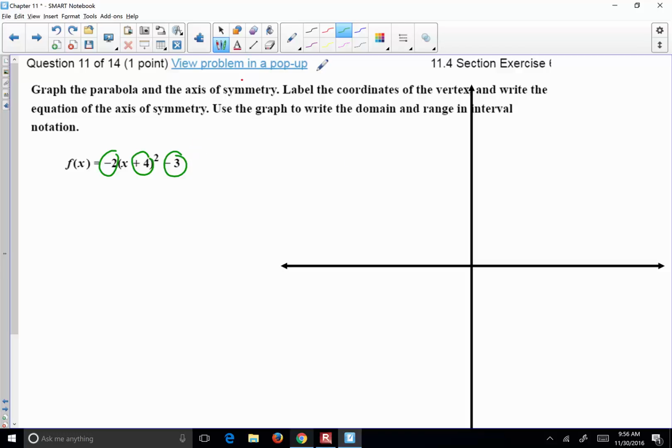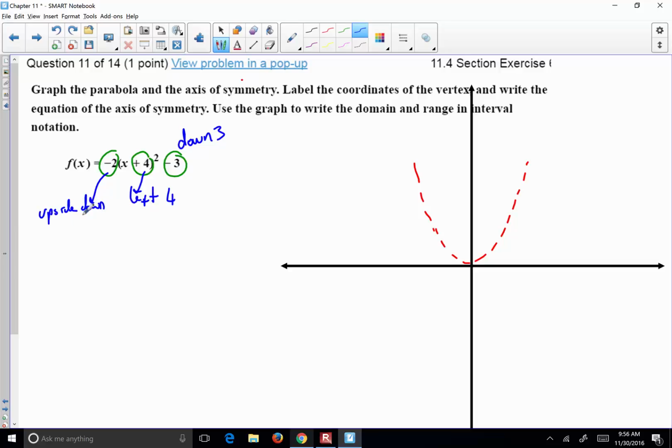Alright, describe to me how our main base function moves. How does it transform, change? Let's start with the end. What does this do? Down, right? Down 3. What is this? Left 4. What's this? Upside down.